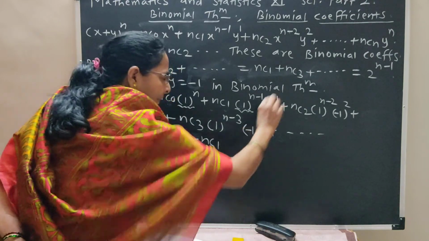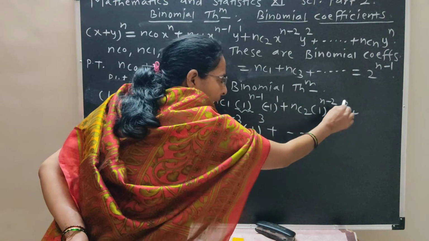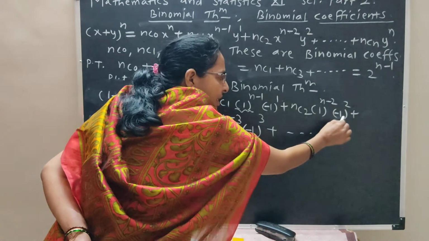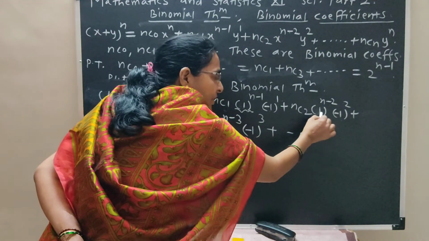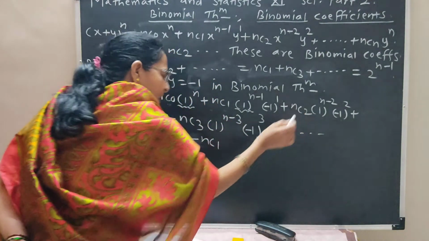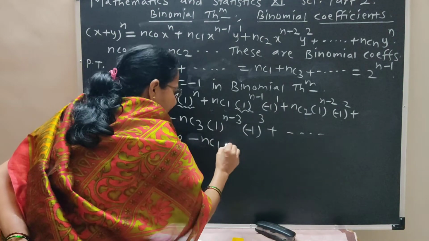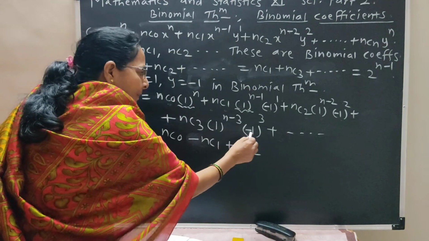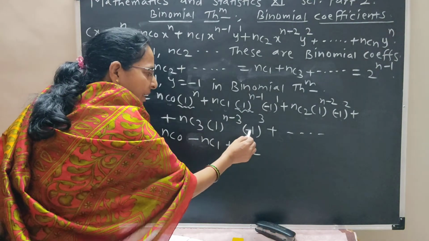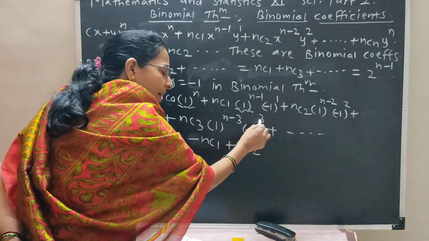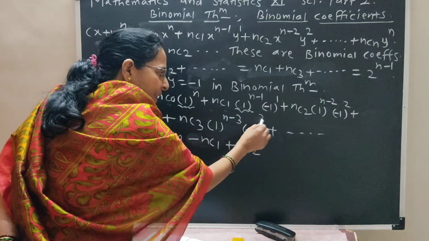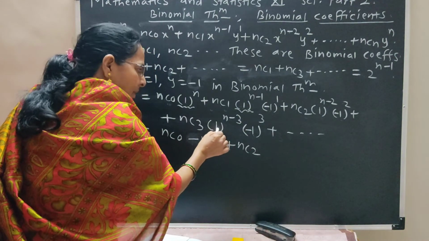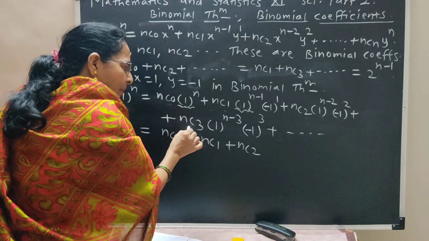Next is an even term with even index, so the value is 1, 1 into nC2 is nC2 with plus sign. Now here is a minus sign and odd index, so the value is minus 1, minus 1 into nC3 is minus nC3.